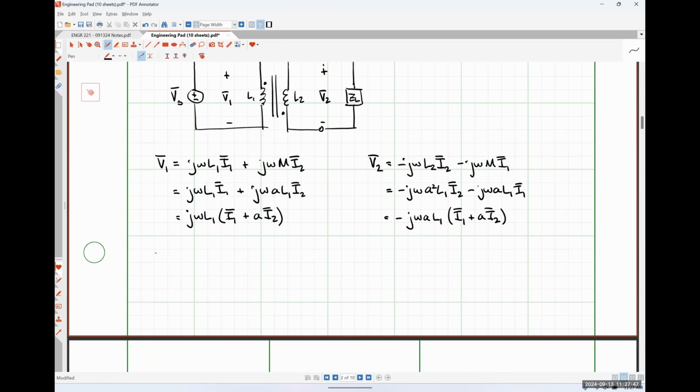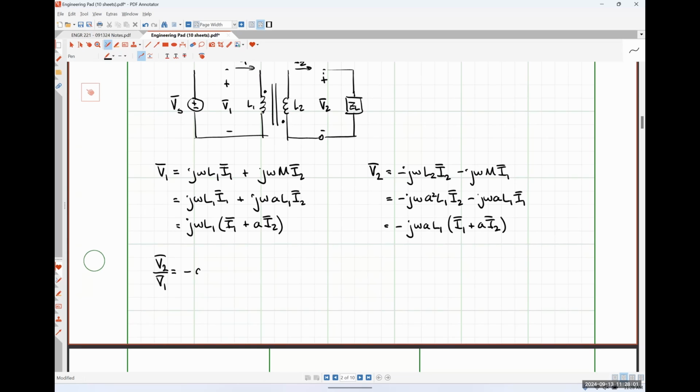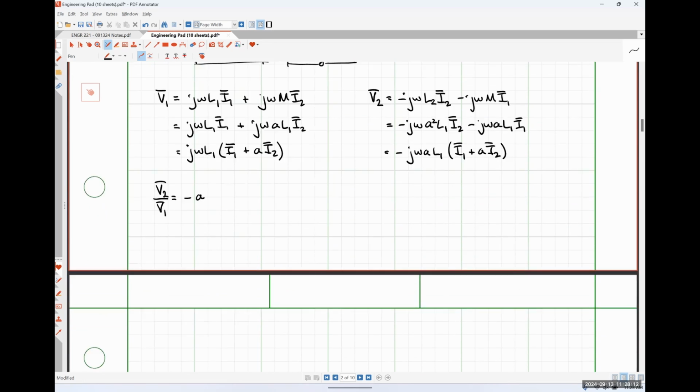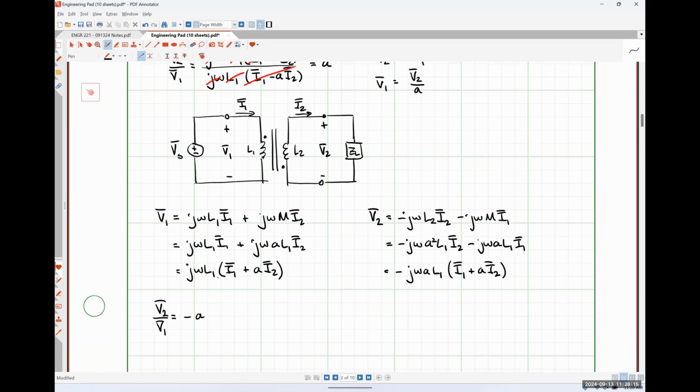And we should be able to see that the ratio of V2 to V1 in this case, where the positive polarity terminals are on the same side, but the dots are on opposite sides, we get negative A. So effectively, if our dots are on opposite sides, or our positive polarity terminals are on opposite sides, we get negative turns ratio.